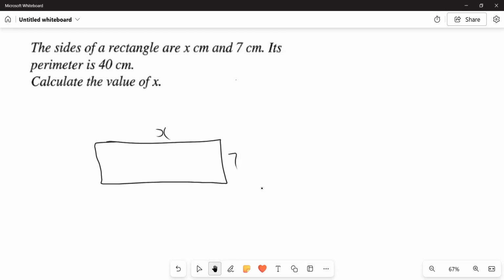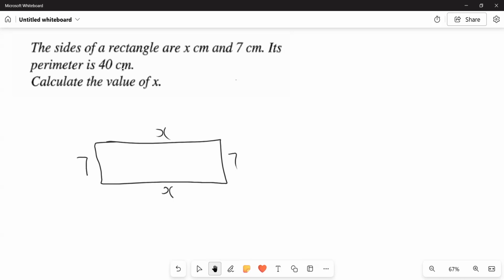What will give you an idea though is the extra bit of information. They say that the perimeter is 40 cm. So this is going to be X as well, and this is going to be 7. They're saying when you add up all these sides, it's equal to 40. That's what perimeter means, distance around.